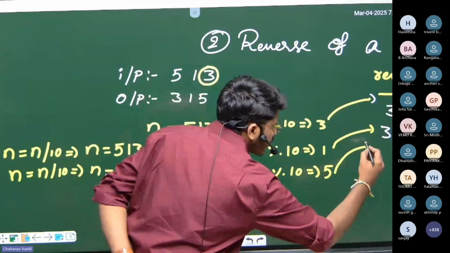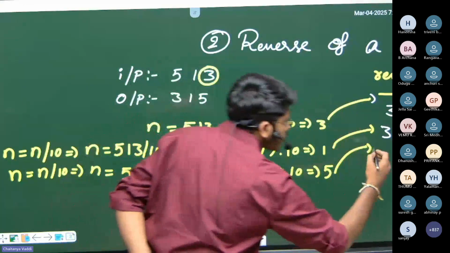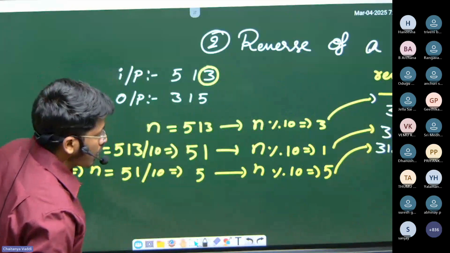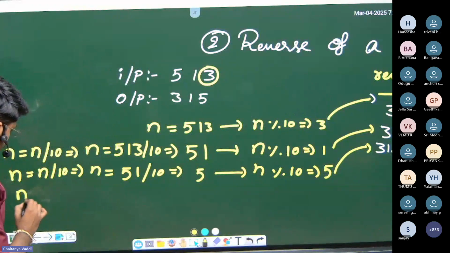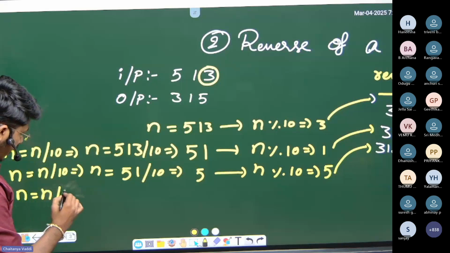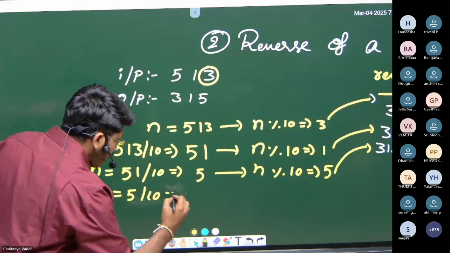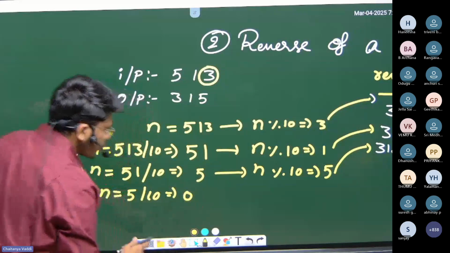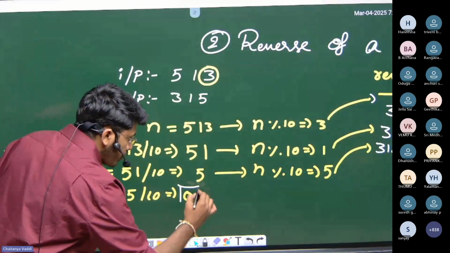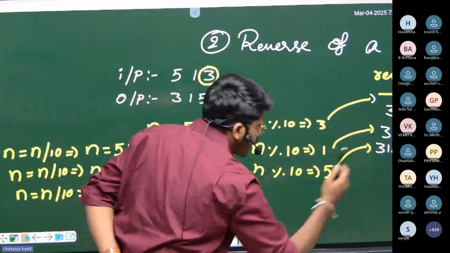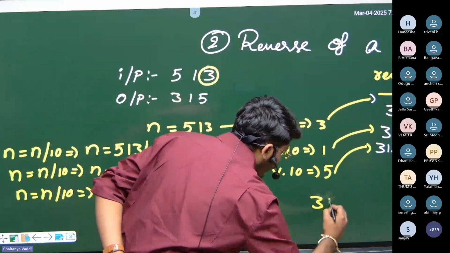I will store that 5 in REV in terms of 315. Okay, and then I will divide the n value by 10, nothing but n equals 5 by 10. So n value becomes 0. When n value becomes 0, I will stop this process and simply print REV as output. So 315.